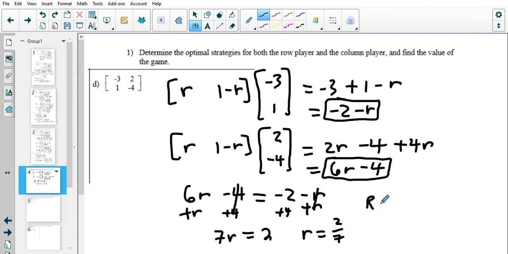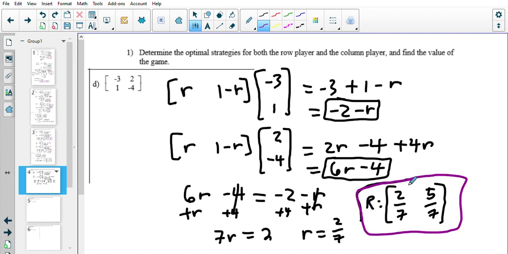So that gives us our row strategy. R is 2/7, 1 minus R is 5/7. I feel like I'm getting deja vu. That was the same answer we got last time. Okay, so there's our optimal strategy for the row player, 2/7, 5/7.